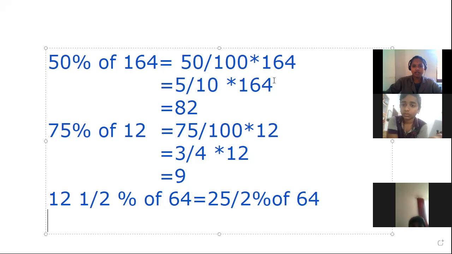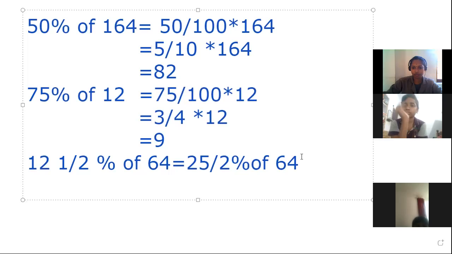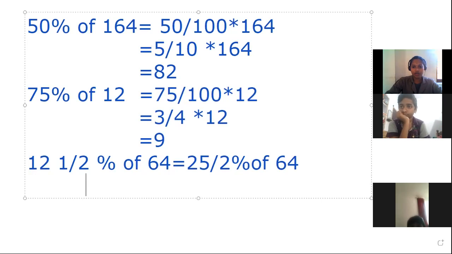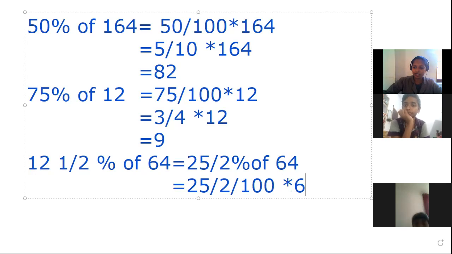Okay, so we have to calculate this value. First of all, 25 by 2 % can be written as 25 by 2 divided by 100 into 64.